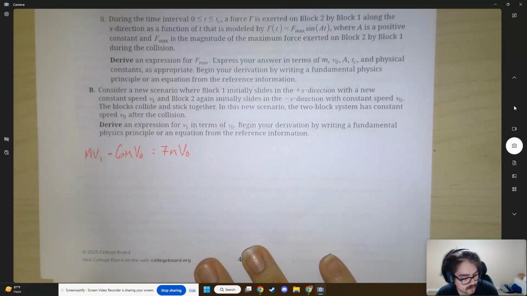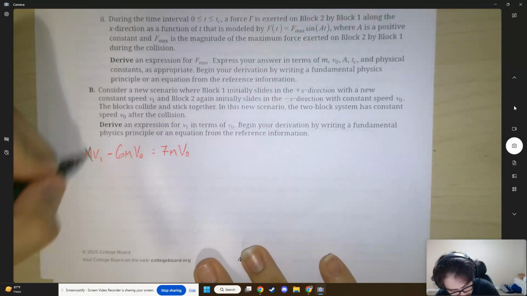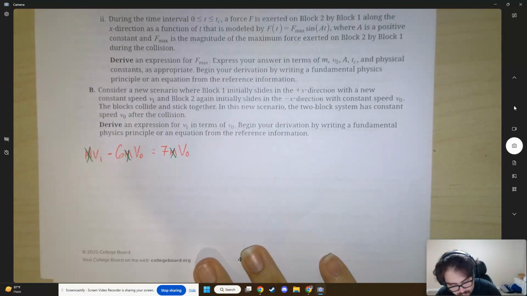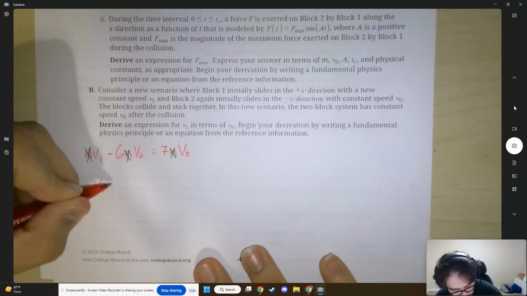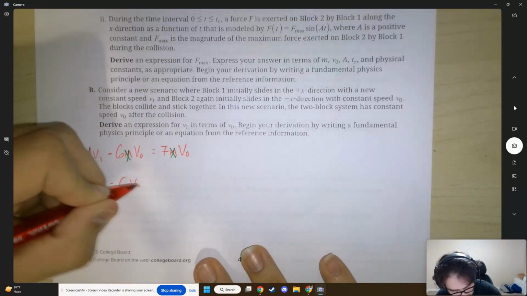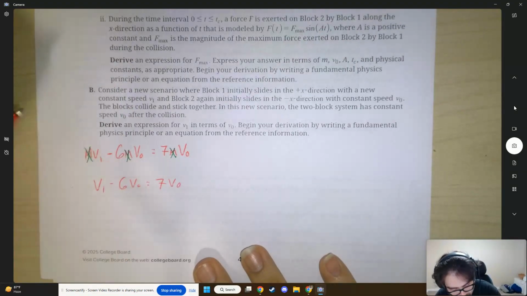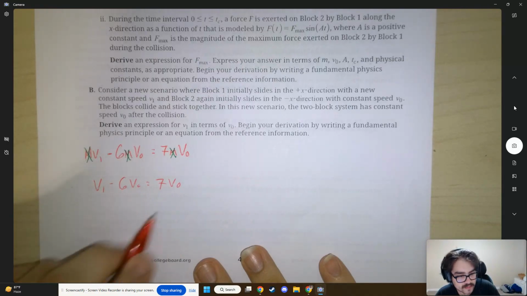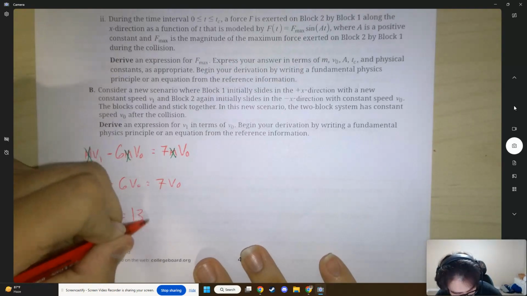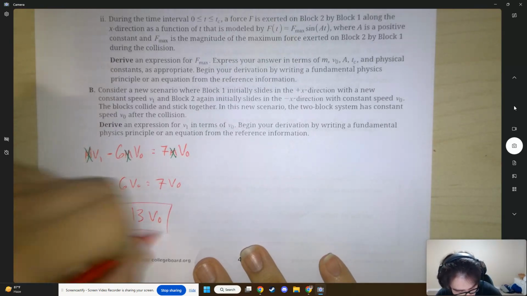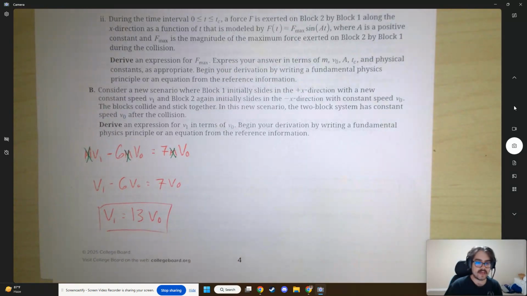You've got an m in every single term, so you end up getting v1 minus 6 v naught equals 7 v naught. Just solve for v1: add 6 v naught on both sides, and you get v1 equal to 13 times v naught. So that is your expression.